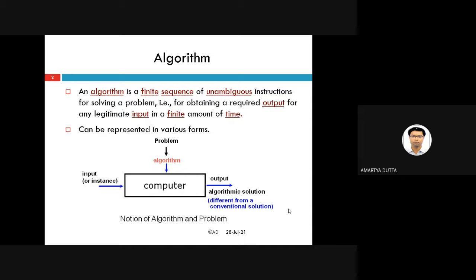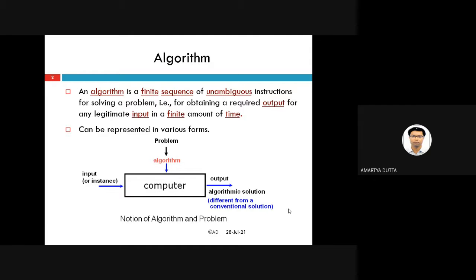Do you know the characteristics of an algorithm? There are 5 characteristics of an algorithm. Any idea about the 5 characteristics? Is it visible, the screen? Yes, sir. Okay, so the algorithm is a finite set of unambiguous instructions to solve a problem.